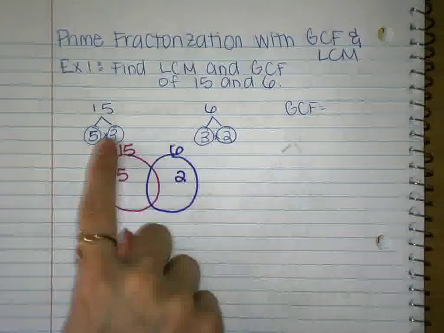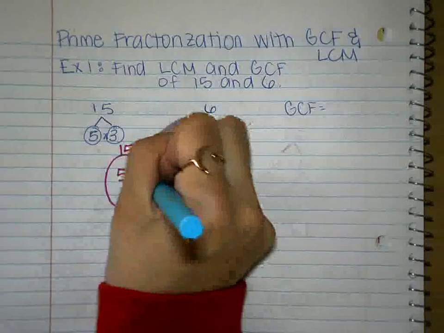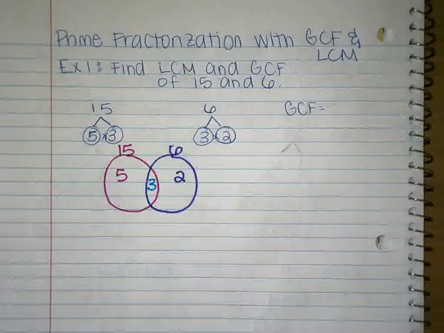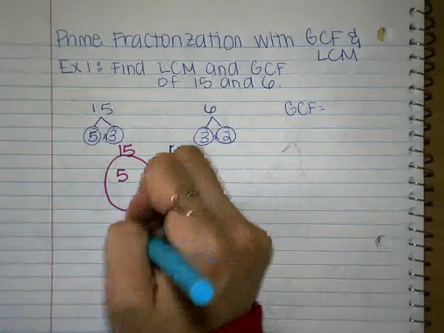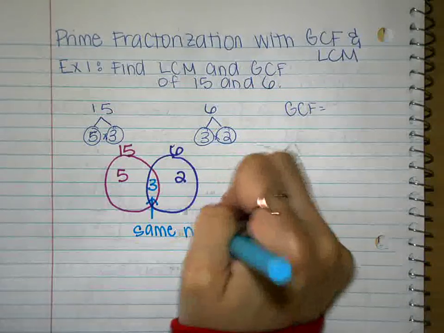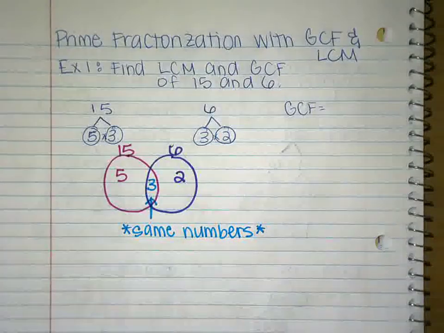I have a 3 in common. So because the 3 is in common, the 3 goes in the middle. So the common numbers, same numbers. Notice I'm only writing that 3 down once. I'm not writing it down twice.